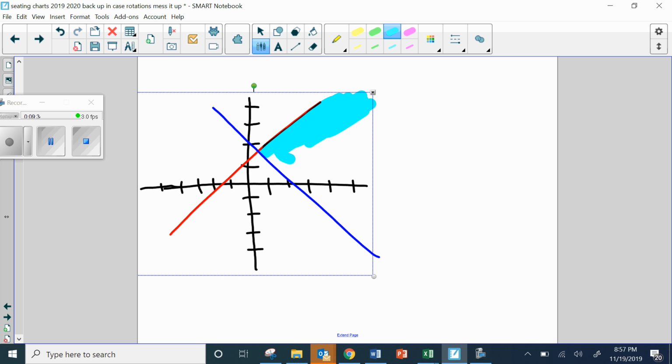So whatever section of a graph that is shaded, if there's only one section shaded, if there's multiple sections shaded, then you got to figure out which one is the correct solution region. I'm just telling you right now in the quiz, there's only one section shaded, so it's your solution region. What that means is every point in that region is a solution.